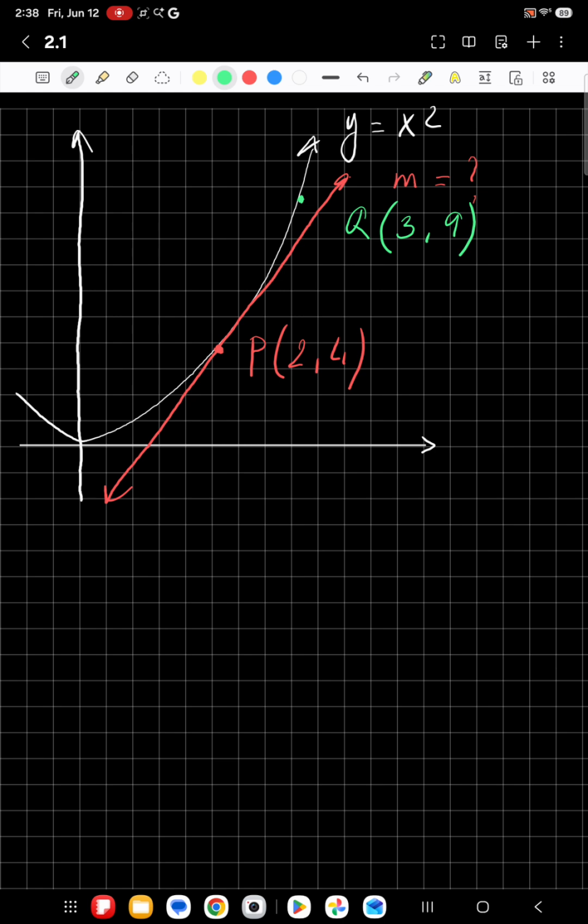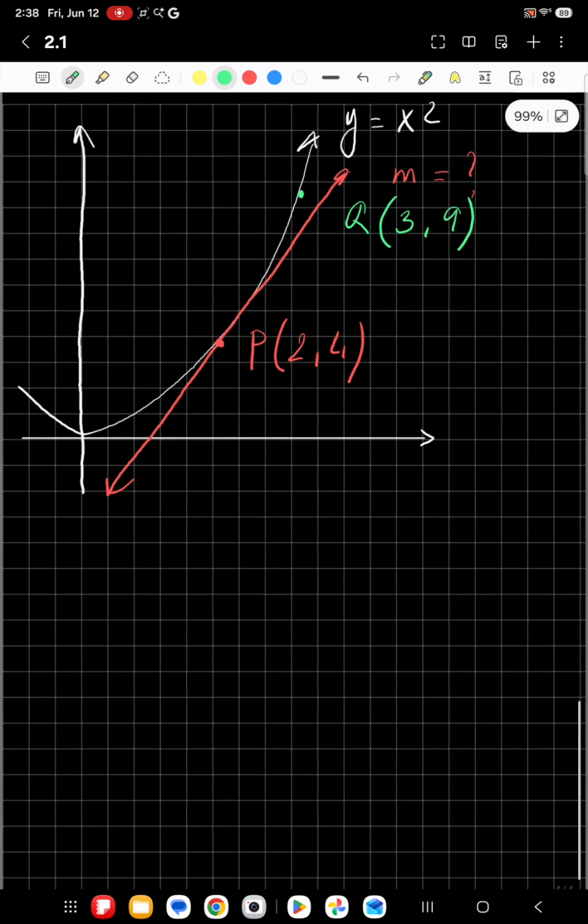We cannot calculate the slope at a particular point for a tangent line, but we can definitely calculate the slope for a secant line. A secant line intersects 2 points on a curve. You see that the line I'm drawing is actually a little bit steeper. I have point Q, 3, 9, and point P, 2, 4.